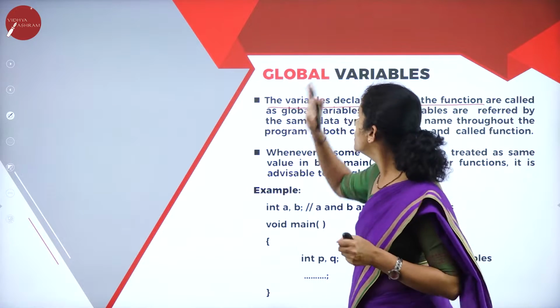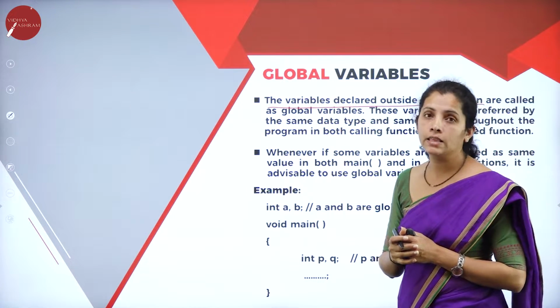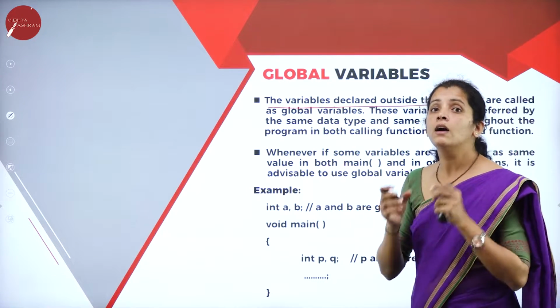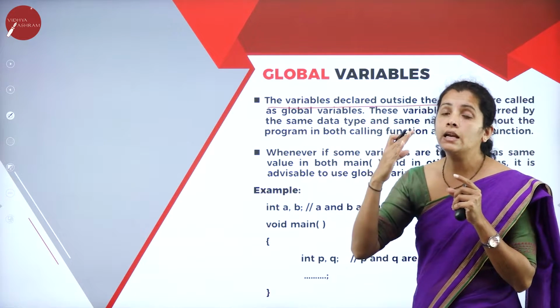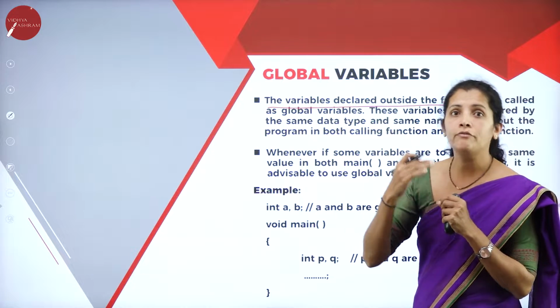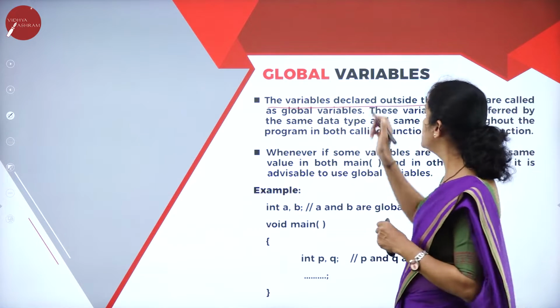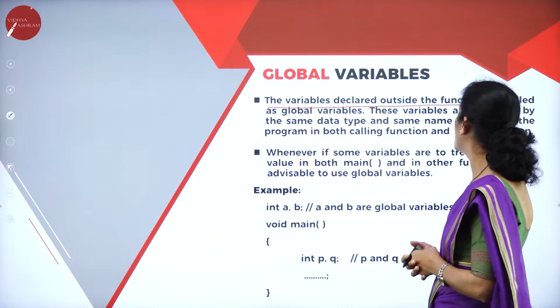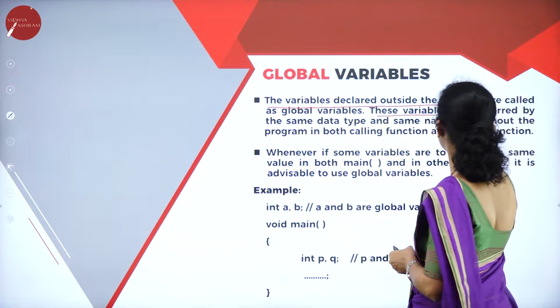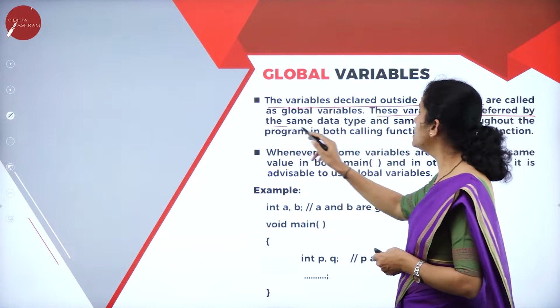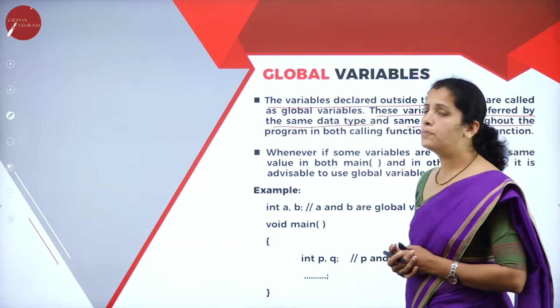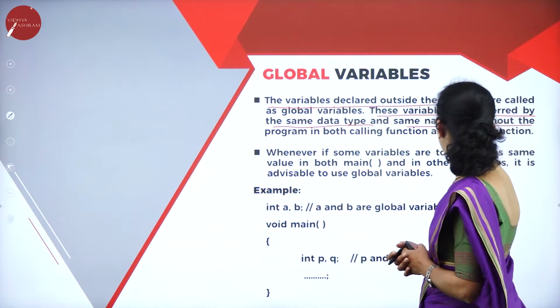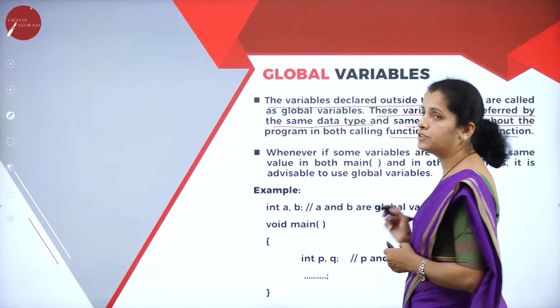So here global variables are nothing but variables declared above the function, and those variables are called global variables. These variables are referred to by the same data type and same name throughout the program, in the calling function and called function.